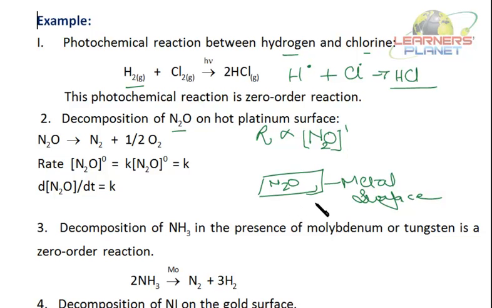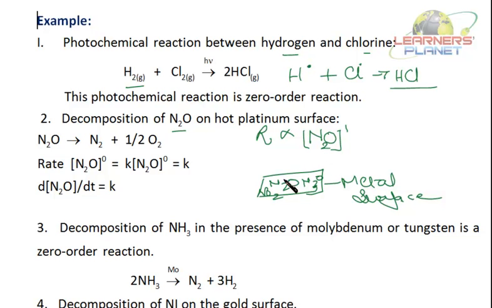But once N2O completely fills the metal surface, even if the concentration of N2O is increased, the metal cannot adsorb it. That is, the gas has been adsorbed to the metal surface to the fullest. The rate of reaction becomes independent of the concentration of N2O.